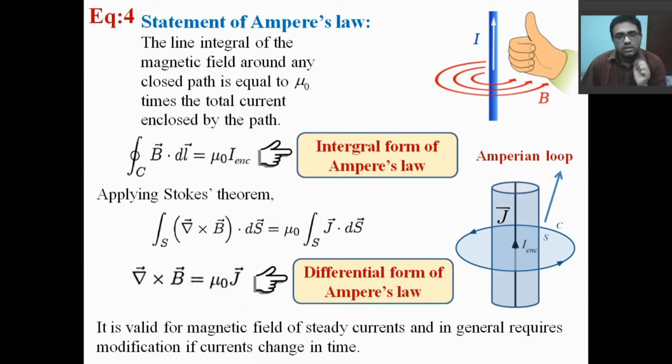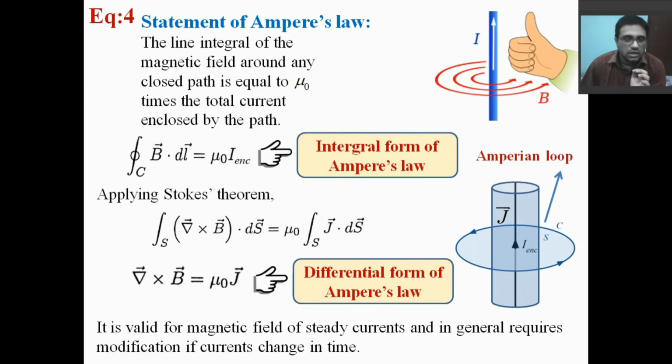This law is valid for the magnetic field of steady currents. Now suppose your current is varying with time. In that case there has to be some modification in Ampere's law. That is the point where Maxwell introduced one term in this equation, and that is called the modified Ampere's law, the Maxwell's fourth equation.